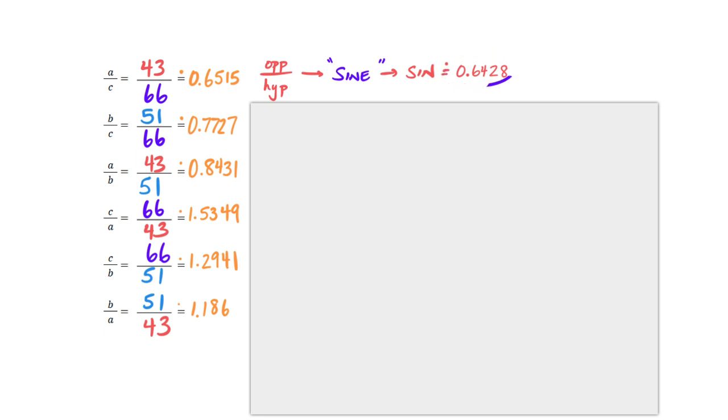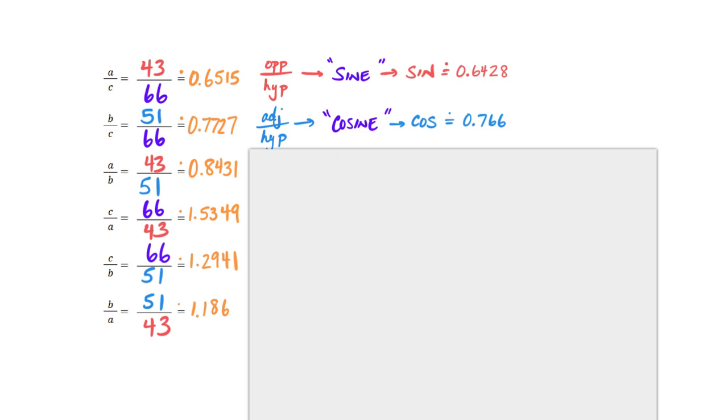Okay, let's keep that going. If I slide down that box and we take a look at the second ratio, that was you taking the adjacent side and dividing it by the hypotenuse. That has a name called cosine. Anytime you take the adjacent divided by the hypotenuse in a right triangle, that's called the cosine. And if you calculate the cosine ratio for that 40-degree angle, we should have got 0.766.